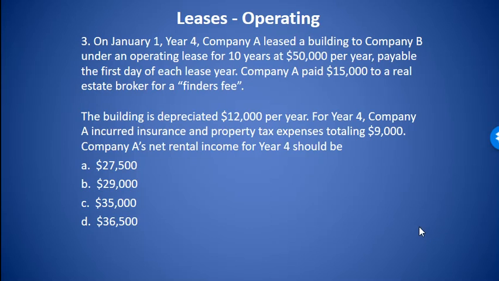Now, the building's depreciated at $12,000 a year. For year 4, Company A, who basically is leasing the building, incurred insurance and property tax expenses totaling $9,000. Company A's net rental income should be, again, stop your video, and when you're ready, you can restart the video.